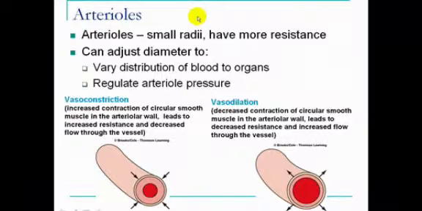Or you're going to shunt blood away from the skin, vasoconstrict those blood vessels, and vasodilate the vessels of the skeletal muscle. So by adjusting the diameter of your arterioles in different locations in your body, you can control which organs get the majority of the cardiac output at different times, because sometimes you might want to have the skin get more of the blood volume. It just depends on what your body's doing.